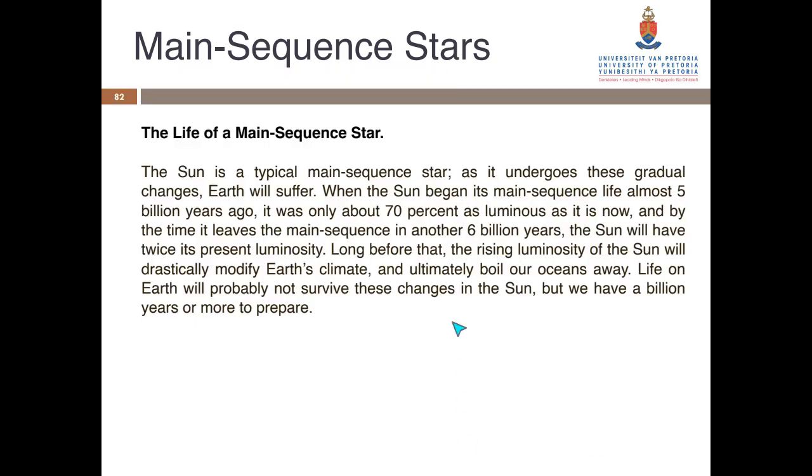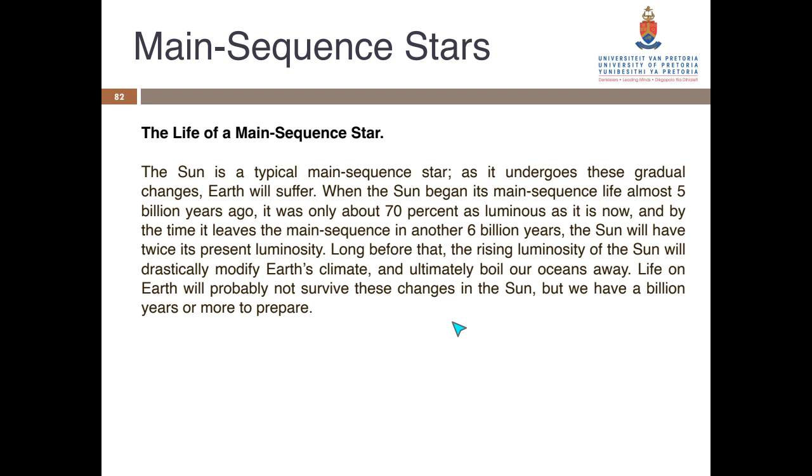The Sun is a typical main sequence star. As it undergoes these gradual changes, Earth will suffer. When the Sun began its main sequence life almost 5 billion years ago, it was only about 70% as luminous as it is now. And by the time it leaves the main sequence in another 6 billion years, the Sun will have twice its present luminosity.